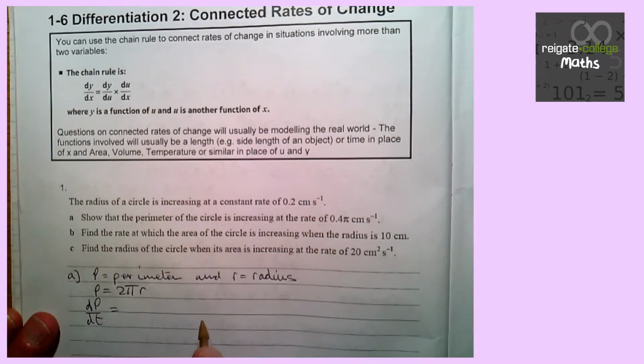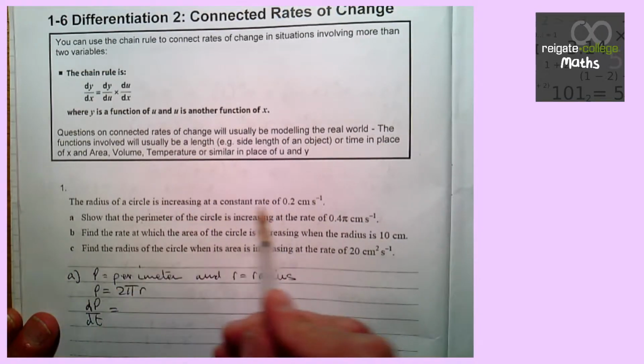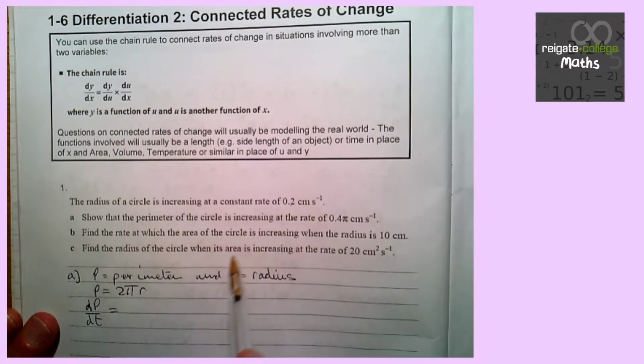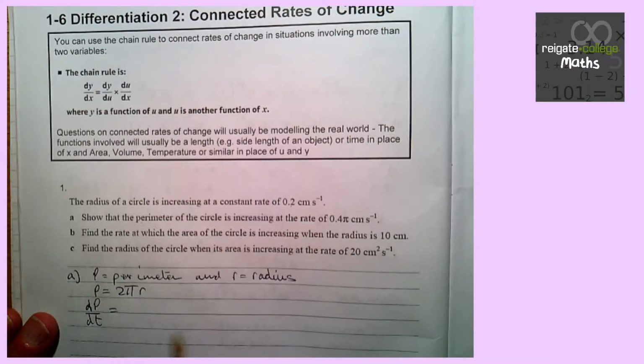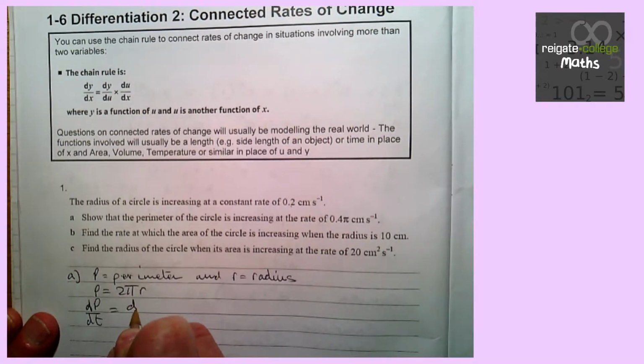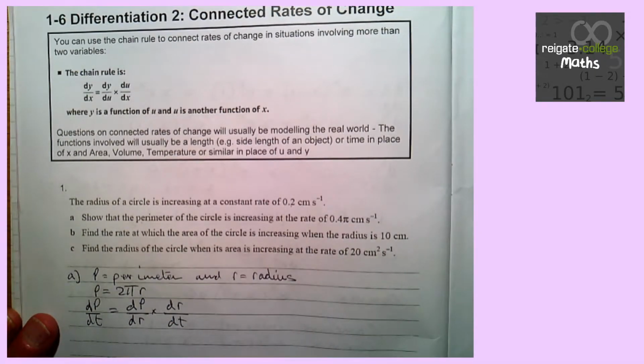And we know that the radius is increasing at this constant rate. Well, the rate of increase of radius is dr by dt. We're going to use the chain rule. I tend to write it out like this, dP, and down at the bottom here, dt. And then what other variable have we got? Well, we've got r, so dr there and dr there.